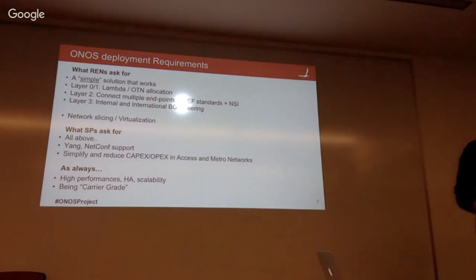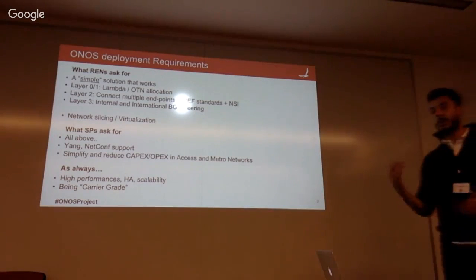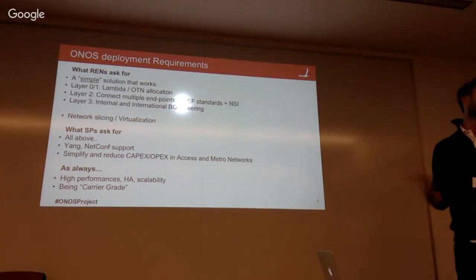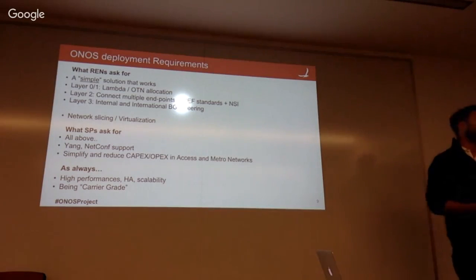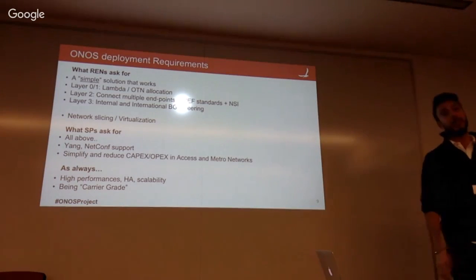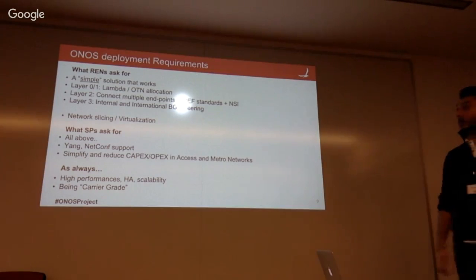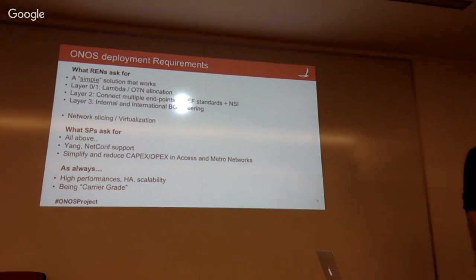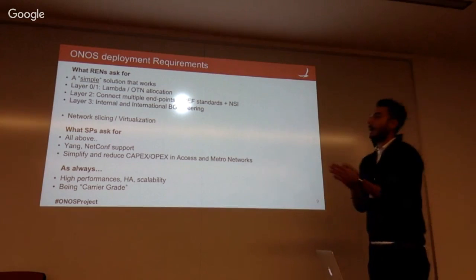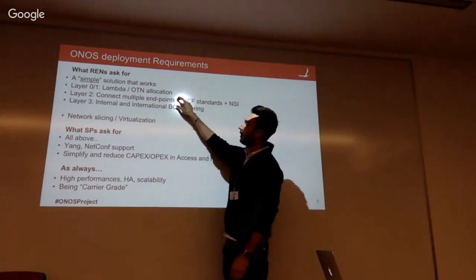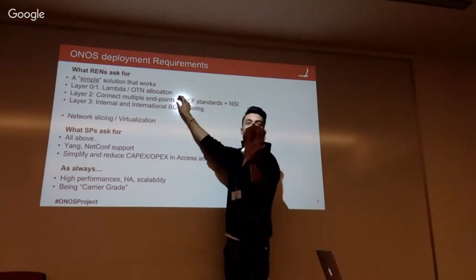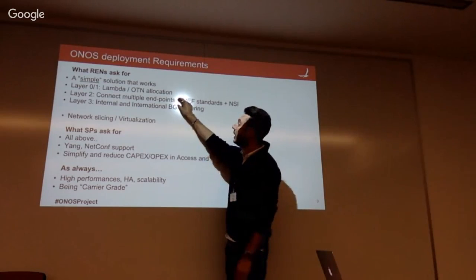In the last 2 years, we had the opportunity to collect requirements from all the research networks we've worked with. The good news is that everyone talking about the basics is looking for the same thing: a simple solution that really works. And that's part of our job, to get a minimal set of features that can work consistently in production. Minimal set of features for us means at least, as I said before, layer 2, meaning VPLS functionalities, essentially.